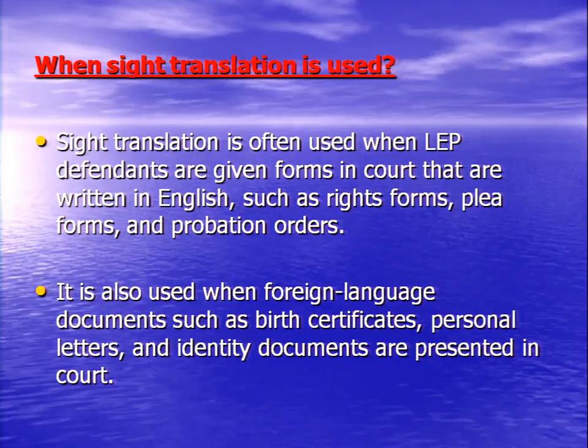It's also used when foreign language documents such as birth certificates, personal letters, identity documents are presented in courts. Some of the trials, they just come up with certificates that they want to prove to the court, or letters. So that's a common thing.